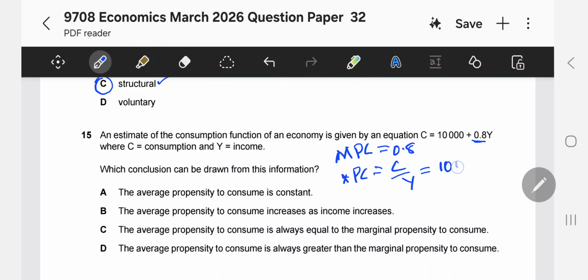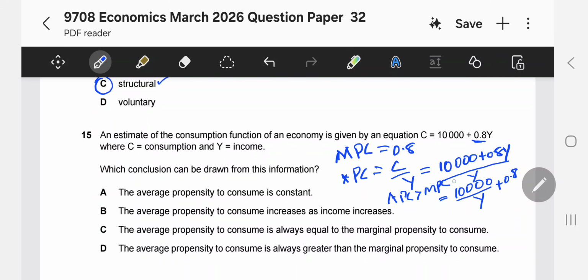The consumption here is 10,000 plus 0.8y divided by income, which is y. This can be written as 10,000 over y plus 0.8. So since this average propensity to consume includes this term of 10,000 over y, which is basically the autonomous consumption, in addition to the MPC, the marginal propensity to consume, the APC will always be greater than MPC.